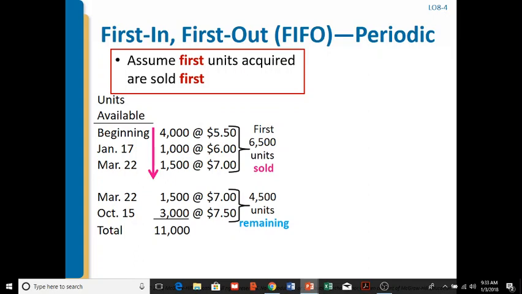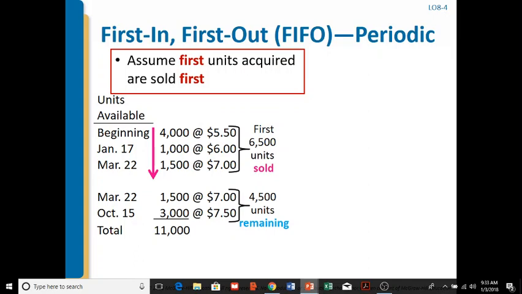And of course, we purchased them at different costs. And the total amount of items sold is 6,500.